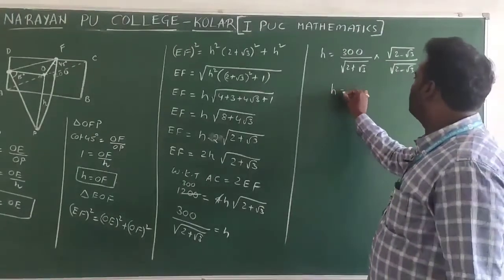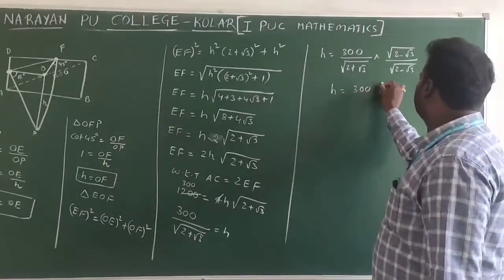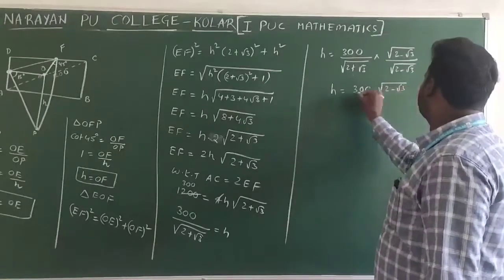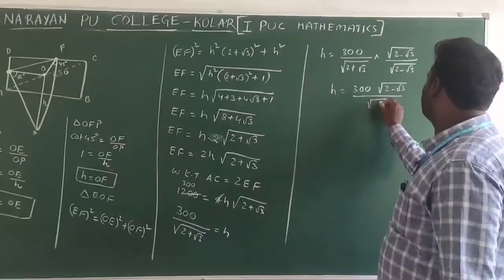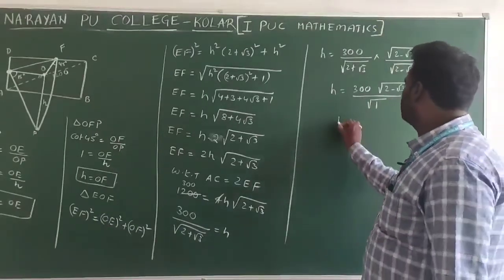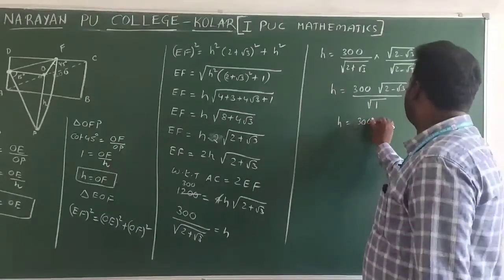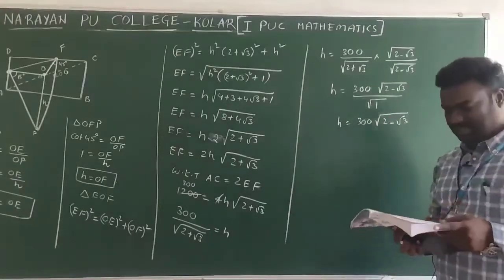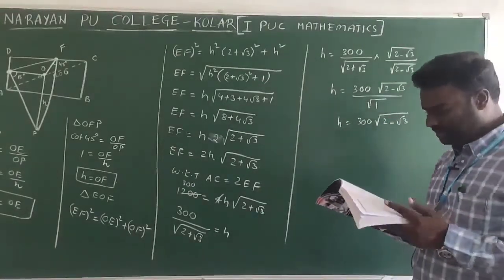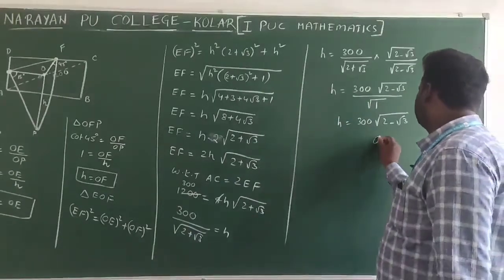Now H is equal to 300 into under root of 2 minus root 3 by A plus B into A minus B, A square minus B square, 4 minus 3, that is 1. So therefore the answer is 300 into under root of 2 minus root 3. That is nothing but option C is the correct answer.